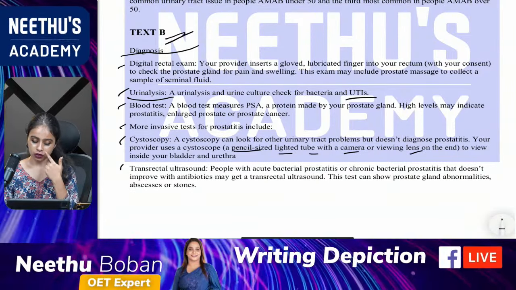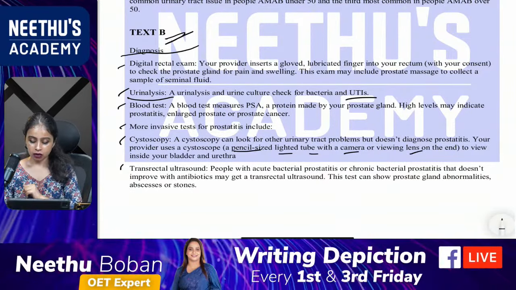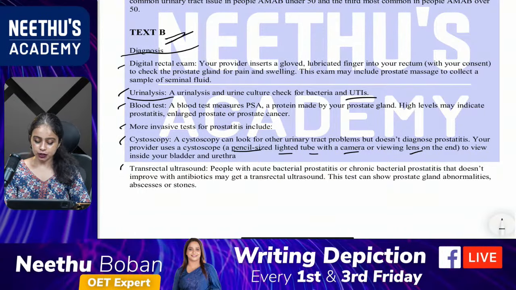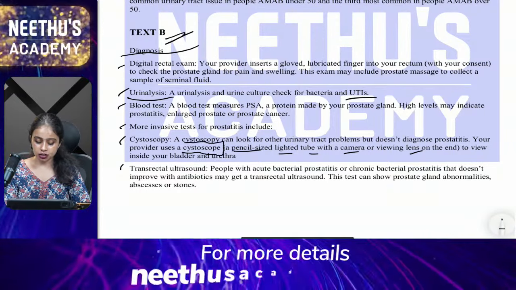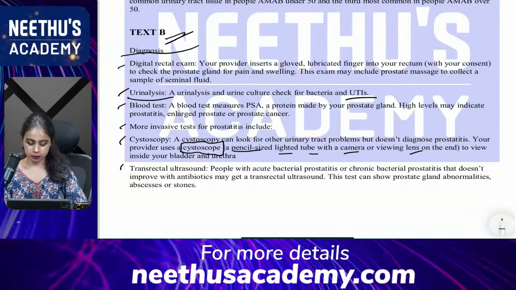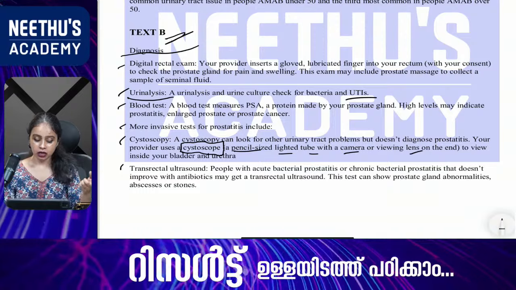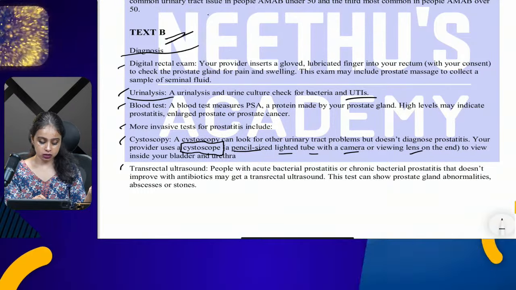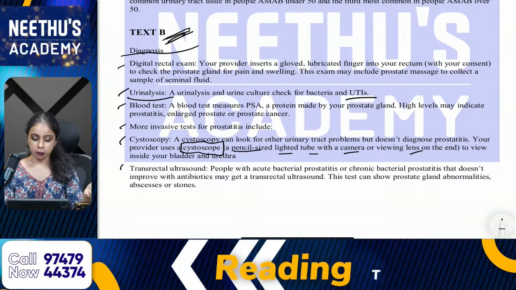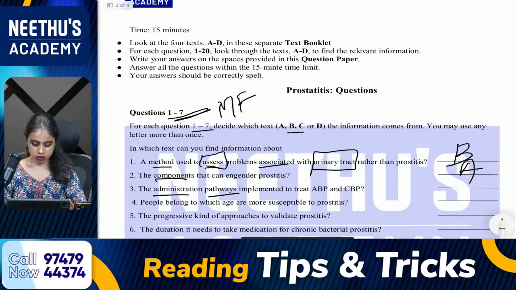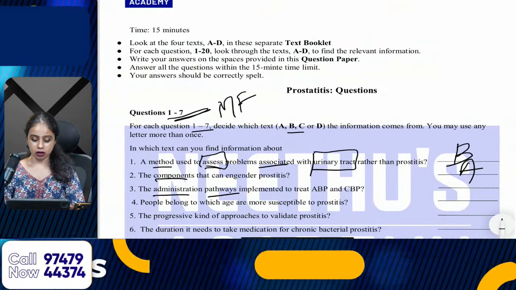So what instrument is mentioned here? Your provider uses a cystoscope. Answer should be cystoscope, from cystoscopy, which is mentioned in text B. Okay, so answer is cystoscope.